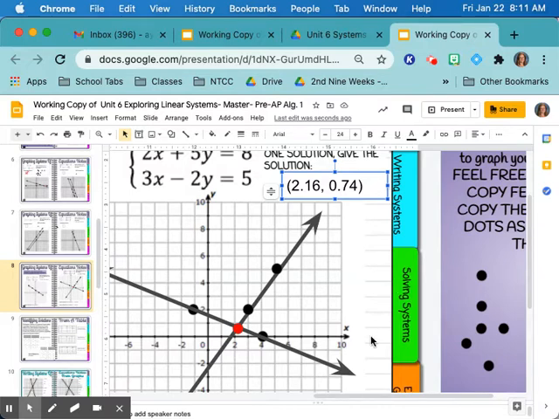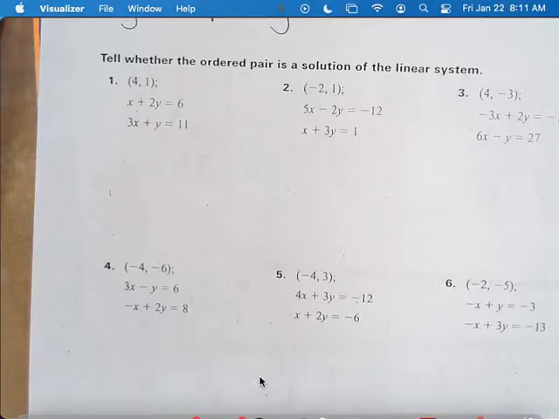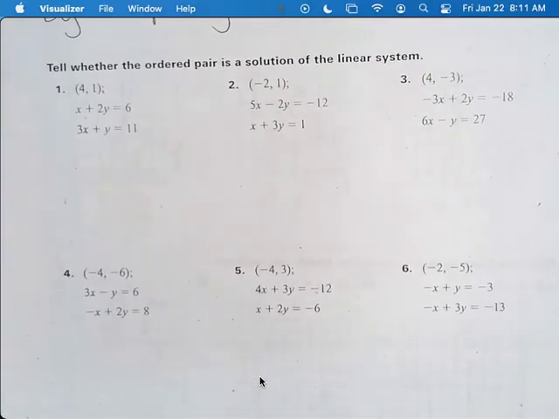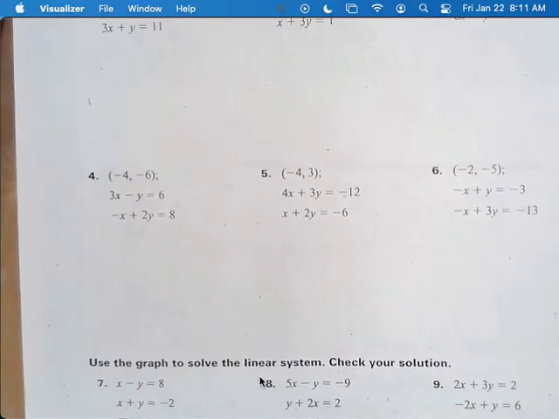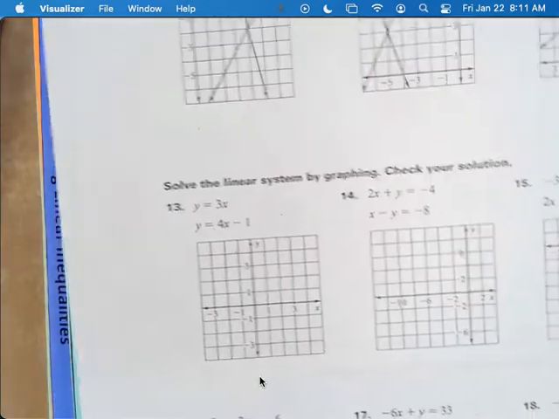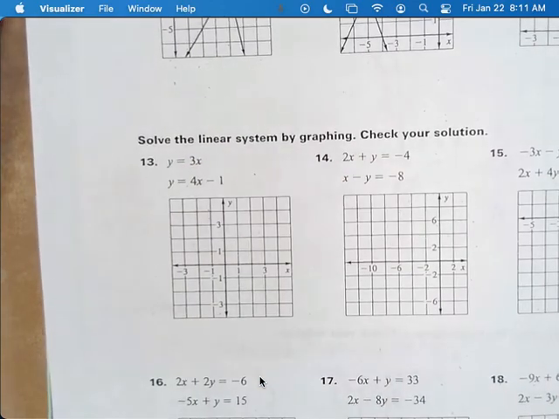Okay, so that is it for the notes for today. You're going to finish the assignments that I had y'all take yesterday, which is solving system of equations by graphing. Make sure you're showing your work and make sure that if you need to solve any of these for y, that you do it on a sheet of paper because there's really not enough room here.